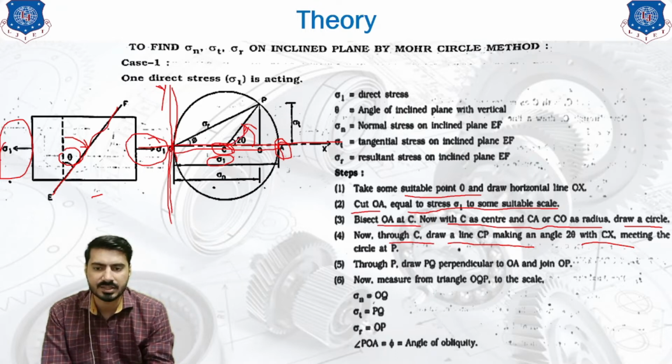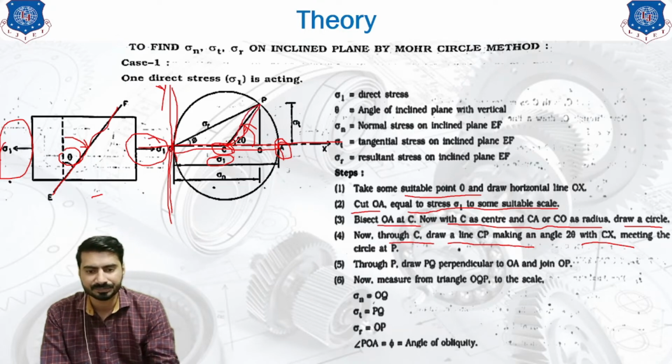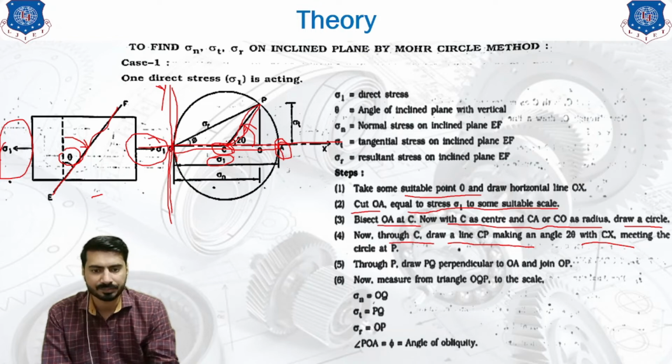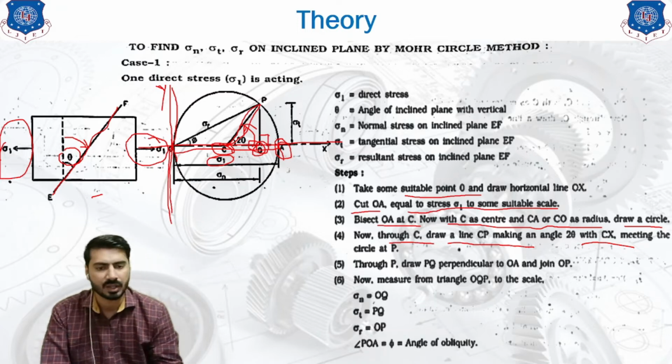This is our CP line at a 2 theta angle. Now this CP line represents the EF plane in our body. Through the P point, draw PQ perpendicular to OA. This is our Q point. So we have drawn PQ, which is perpendicular to the OA line.